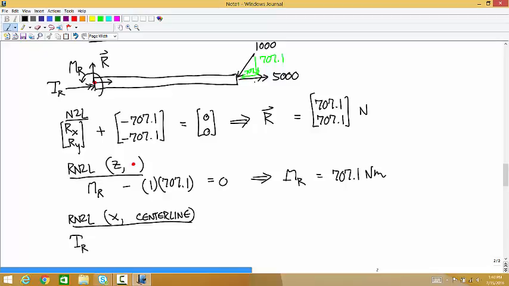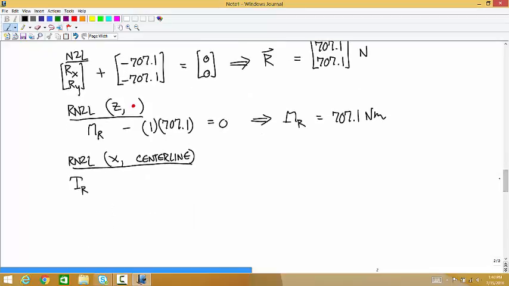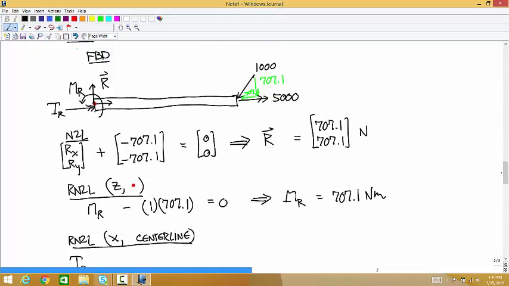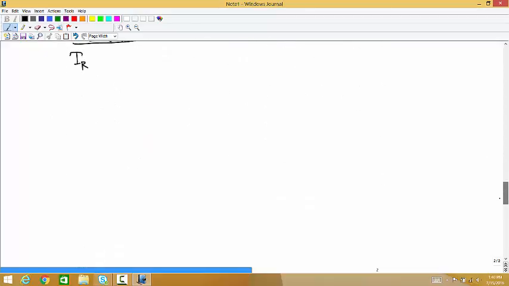And then the last one is the 5,000. Yes, that's a torque about the x-axis. Is it positive or negative? Positive, because it's in the positive x direction. So positive 5,000 plus T_R is equal to 0.